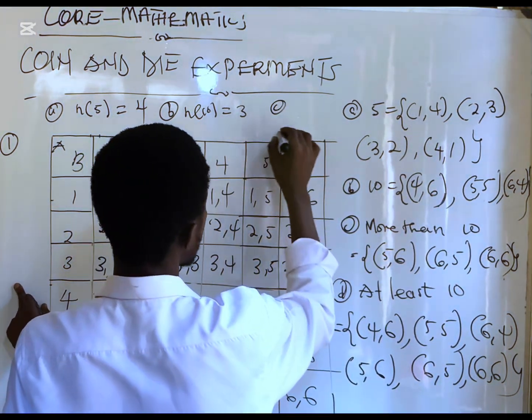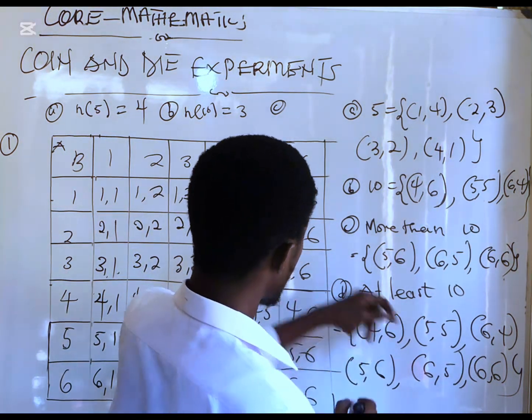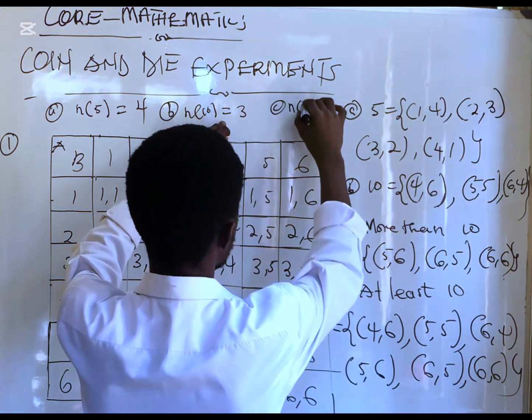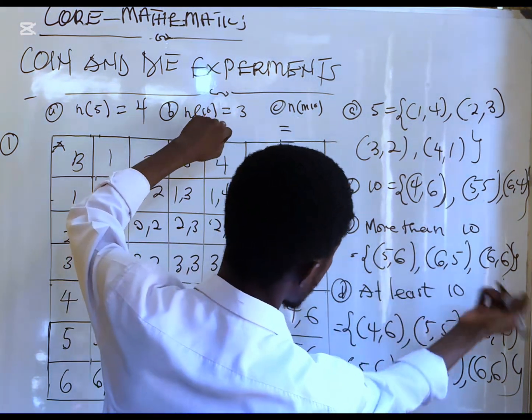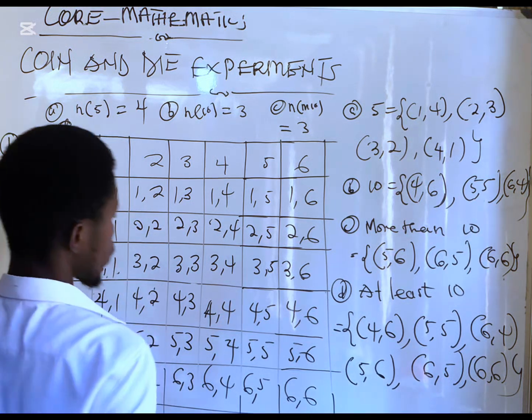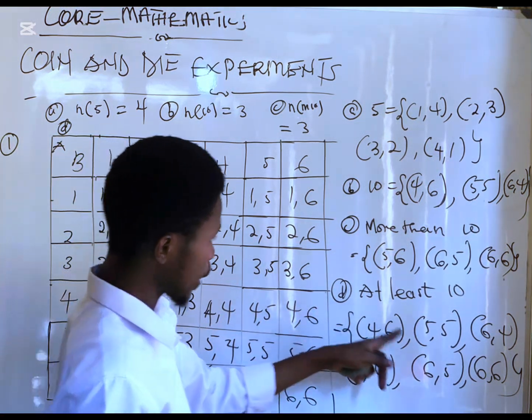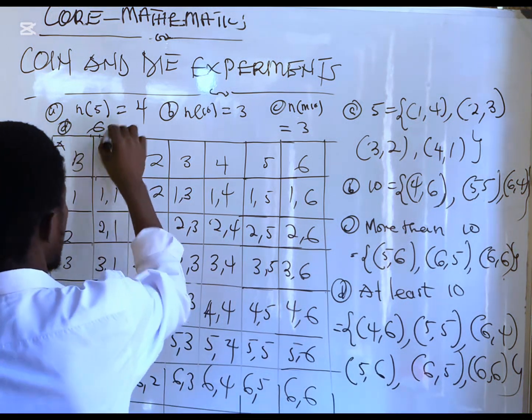Then C, that is more than 10. That one is 1, 2, 3. That one too is 3. Then D, at least 10. 1, 2, 3, 4, 5, 6. You have 6. The D is 6.